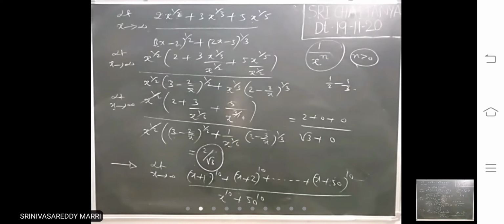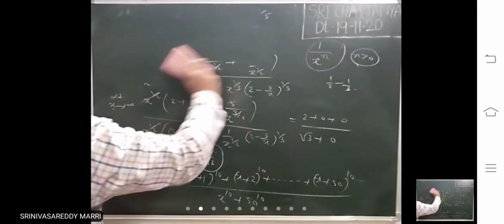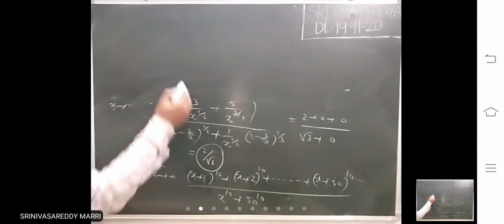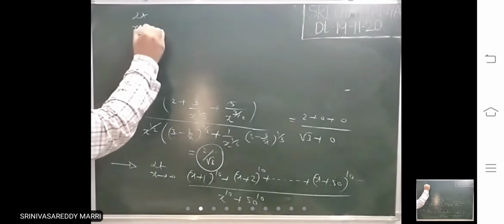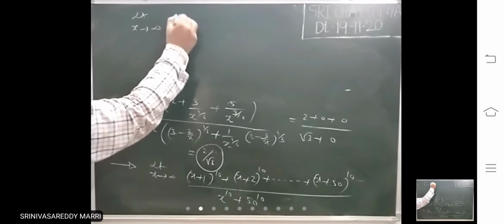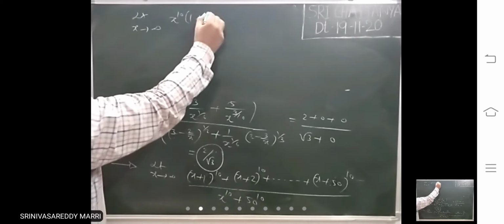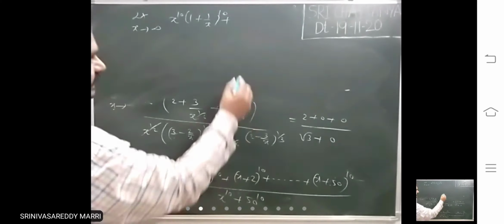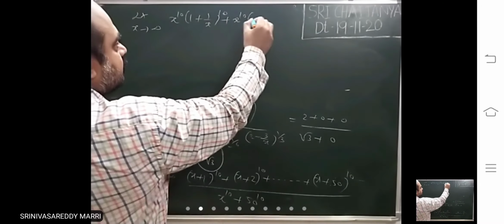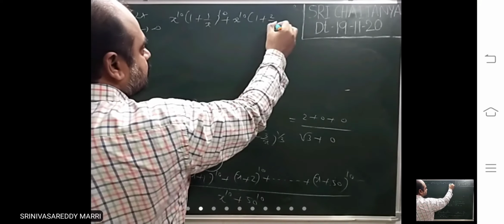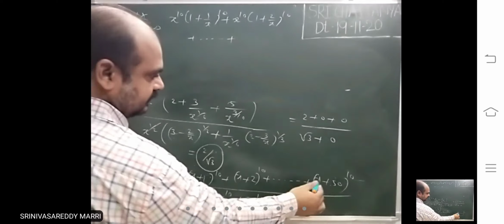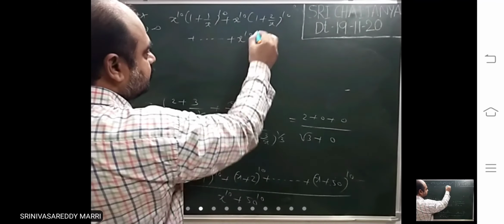Suppose the problem is like this. So now in the individual terms you take common. x power 10 common in this, x power 10 common in this, x power 10 common in this.